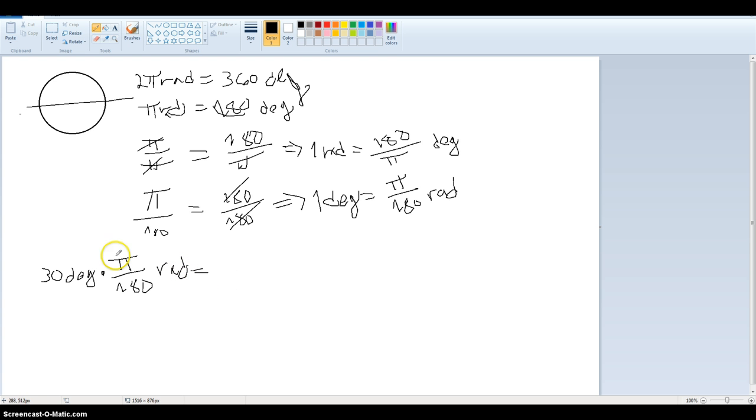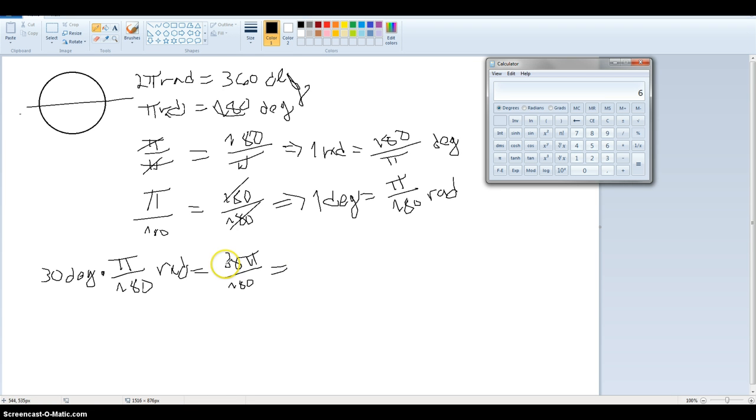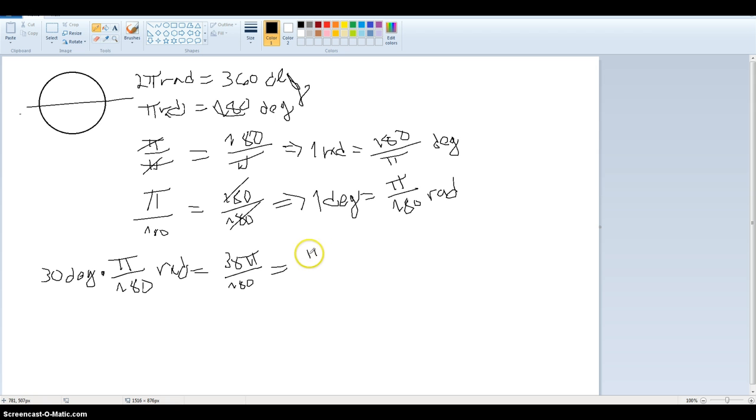It would be 30 pi over 180, and we can reduce this, because 30 goes 6 times into 180, so we can simplify this to pi over 6. So that will be the answer.